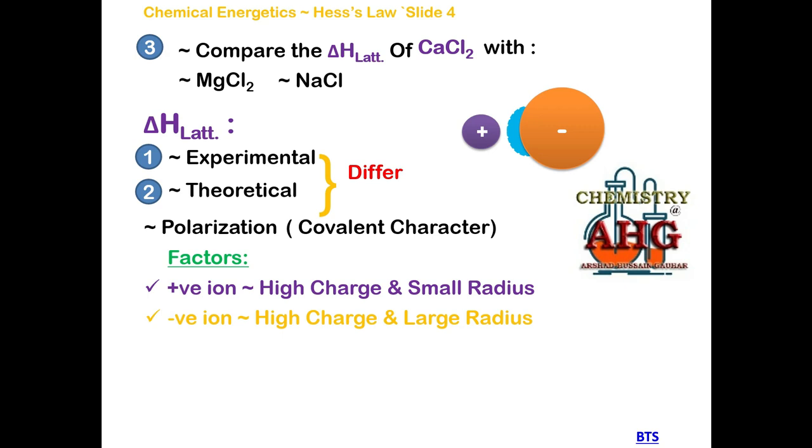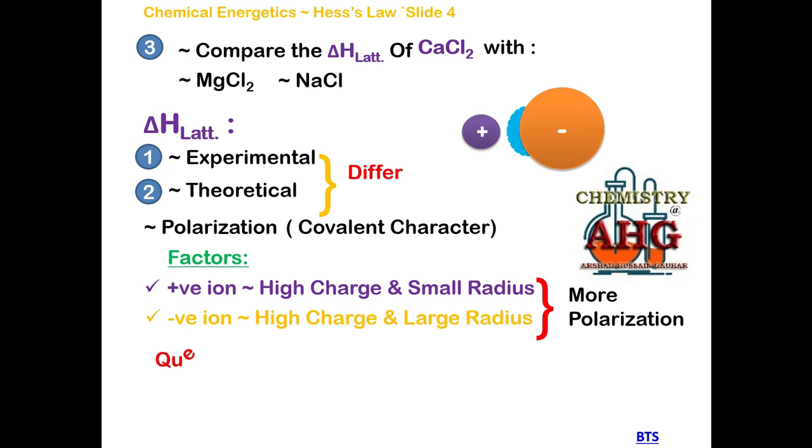Whenever you are given two or more ionic compounds, then comparatively you can tell which one would have lesser and which one greater covalent character due to polarization. These two factors control the polarization: more polarization when the positive ion is highly charged and small in radius, and the negative ion is highly charged and large in radius.